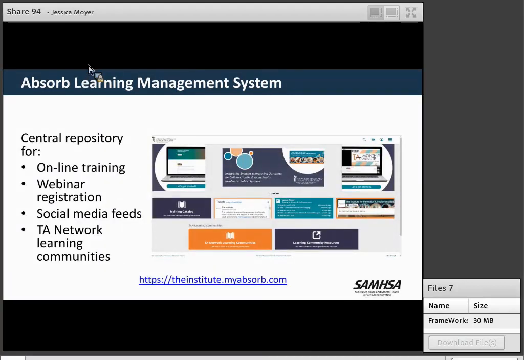The Absorb Learning Management System is a central repository for online training, webinar registration, social media feeds, and the TA Network learning communities. Once you click on that link and create a login, you'll come to the home page. If you look to the bottom left-hand side, you'll see an orange box that says TA Network learning communities.